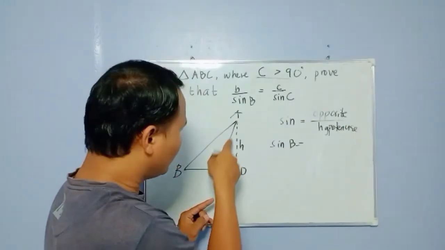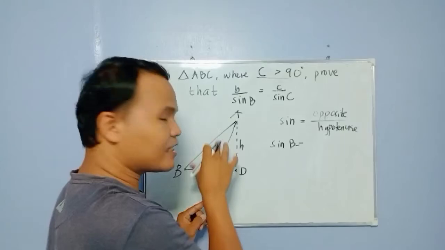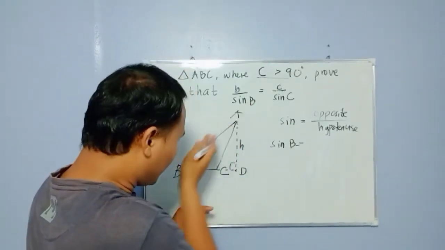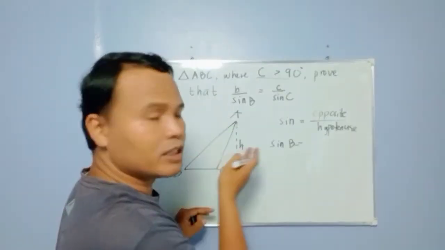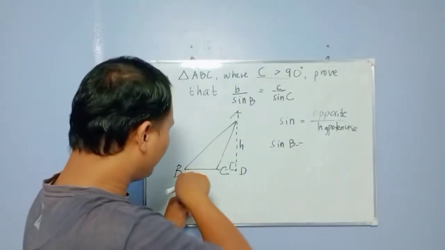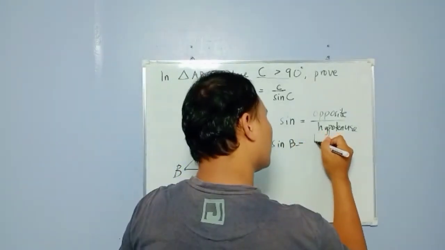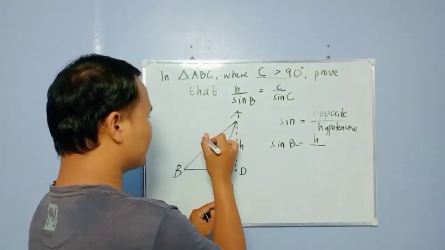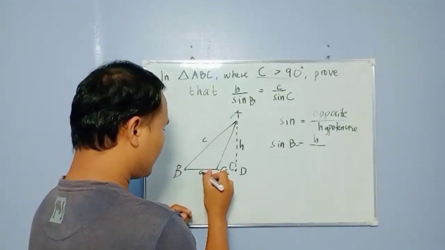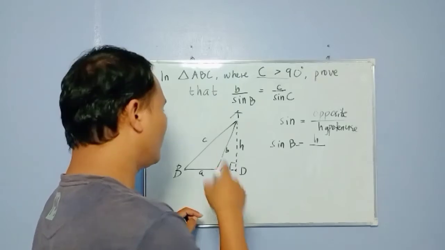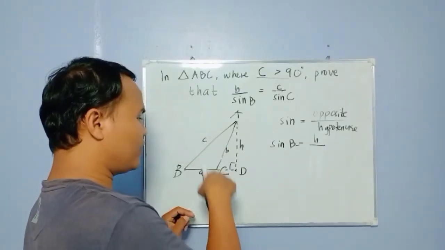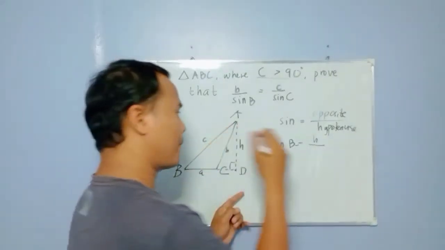Not this one, because this is not a right triangle, so I am referring to the bigger right triangle. The opposite side of angle B is H, over the hypotenuse, which is side c.